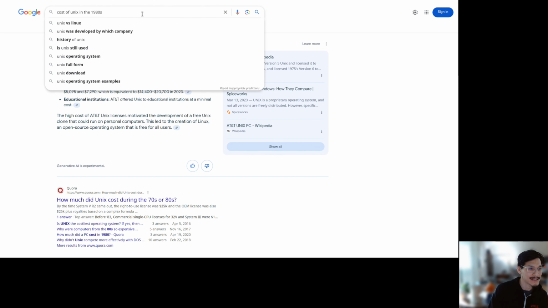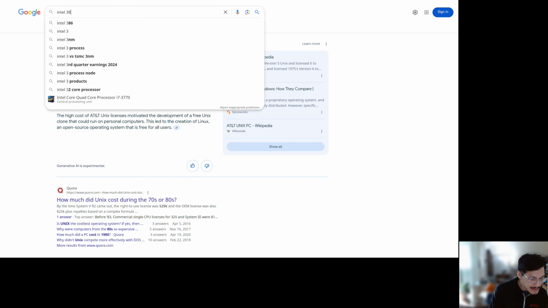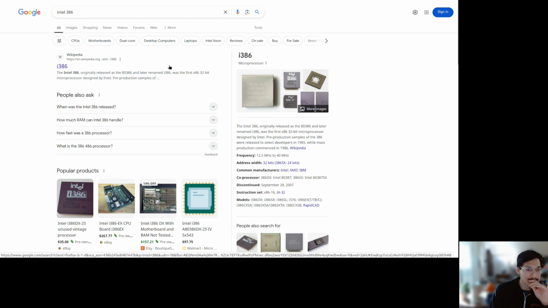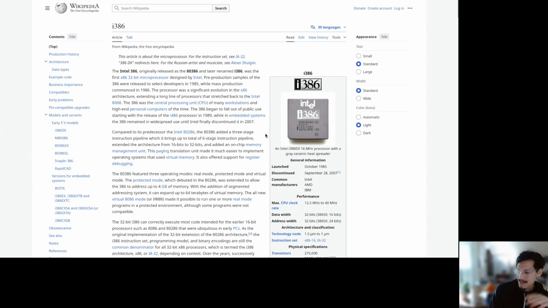I'm trying to take breaks in between so that we can motivate ourselves, because just reading a bunch of text is kind of boring too. So it's good to understand some context. The 386 came out in October 1985, and Linus was actually still using one in 1991.